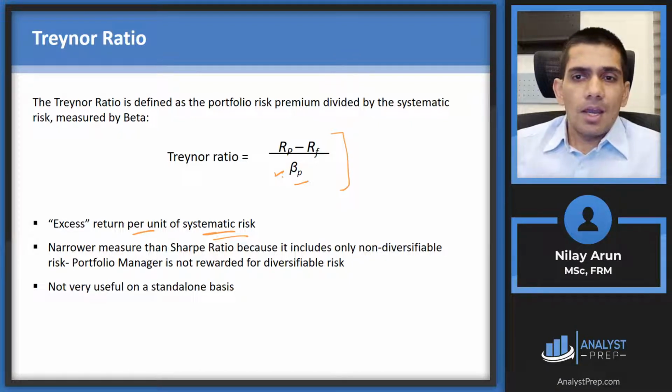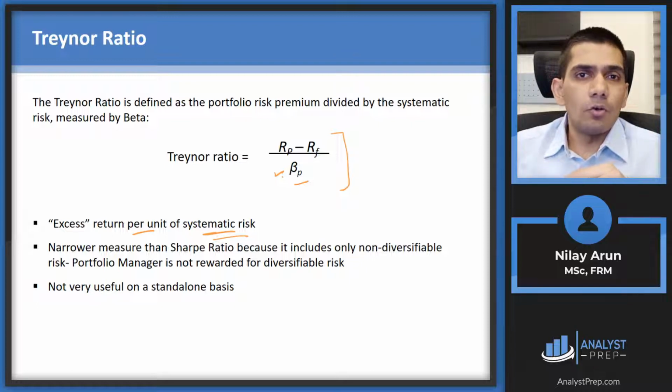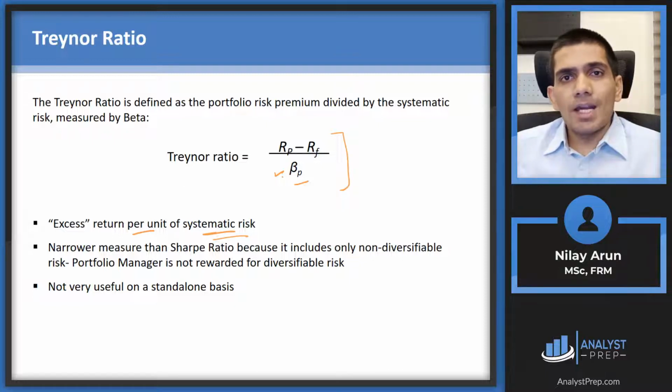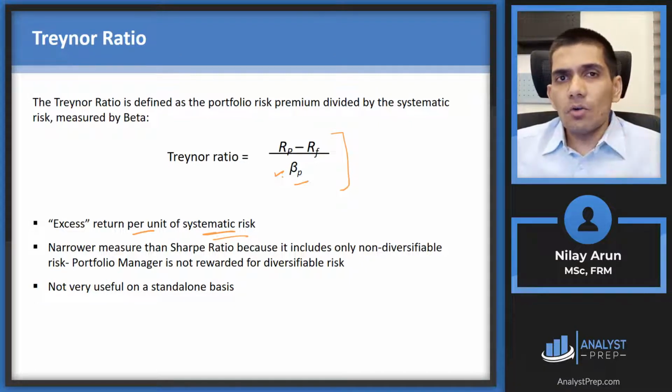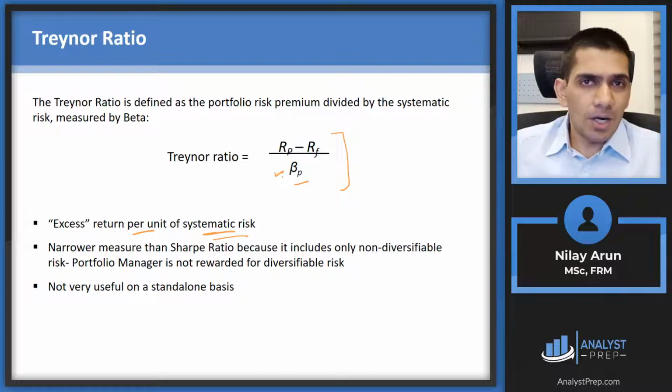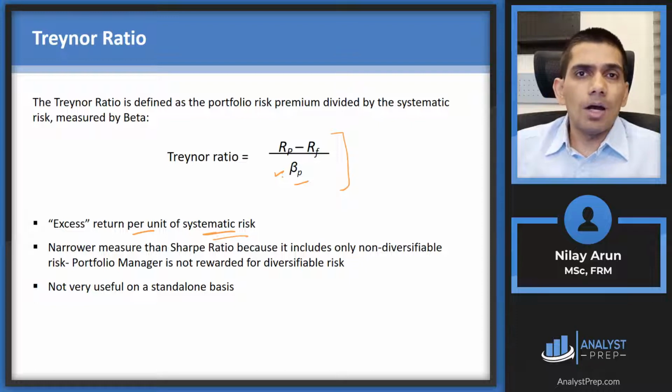Now, just like the Sharpe ratio, this is not very useful on a standalone basis. The same thing applies here. On a standalone basis, we can only look at the Treynor ratio. So let's say the Treynor ratio is 1.6, or 2, or 2.5, that's not really going to help us in interpreting it. Because in order to interpret, we need to compare it to the Treynor ratio of some other fund.